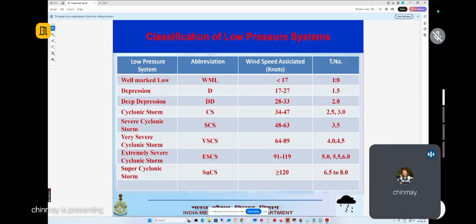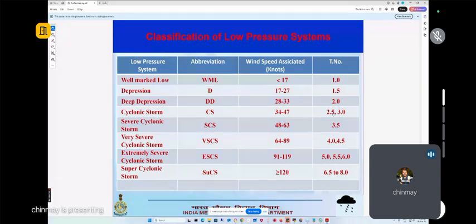The intensity goes on increasing from 1 to 8, and the step is 0.5. So this table tells you, for example, if the satellite is giving you T 2.0, what will you call it? You will call it deep depression. And the wind speed associated with this particular T number is 28 to 33.